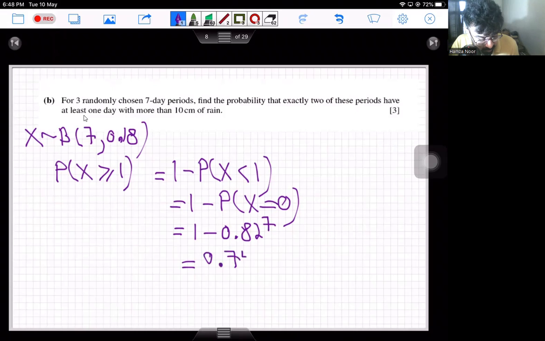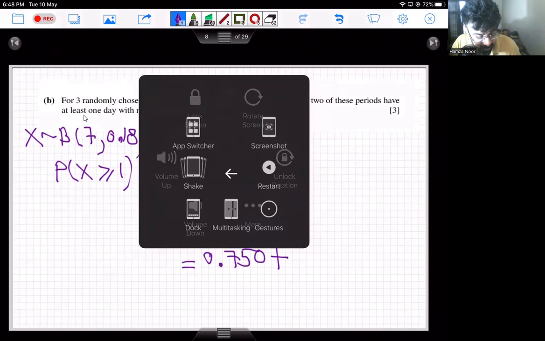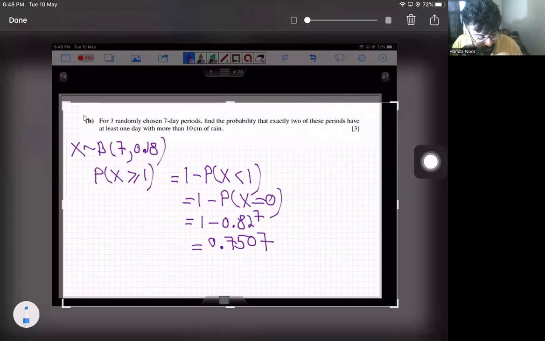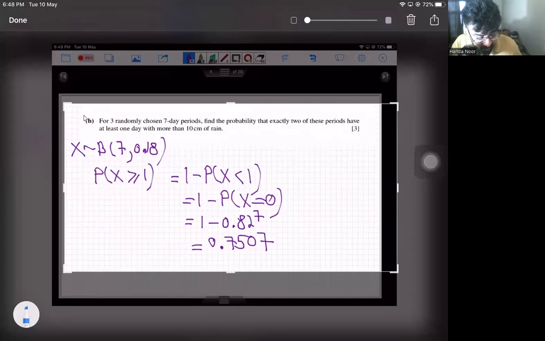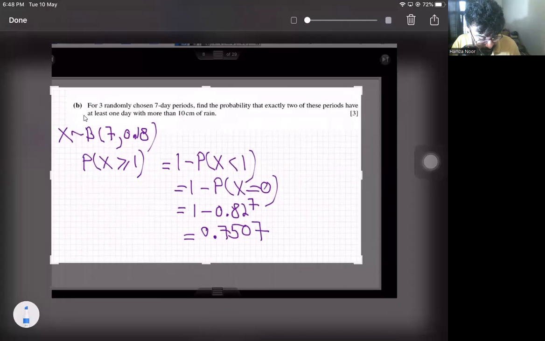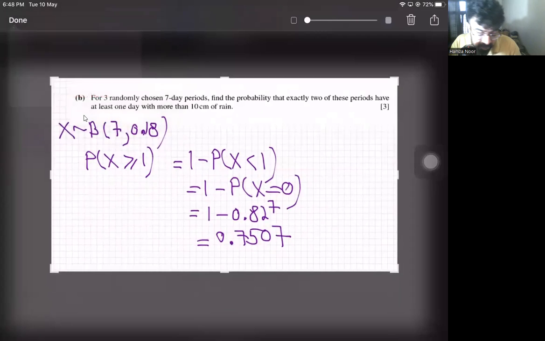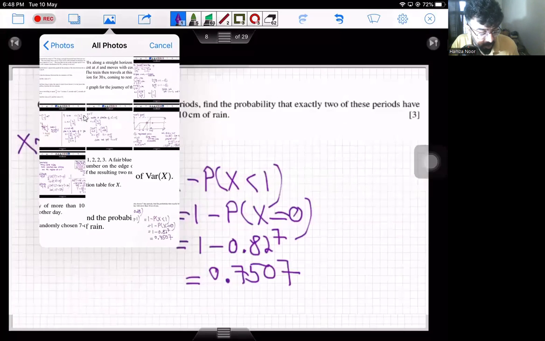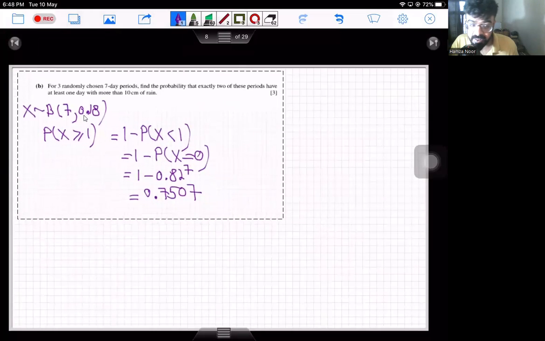Since we are going to use this value in our further calculation, it is always recommended to take it correct to 4 decimal places. So far what we have found is the chance that it rains at least one day out of these 7 days.